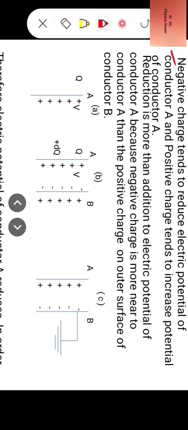Negative charge tends to reduce the electric potential of conductor A, and positive charge tends to increase the electric potential of conductor A. Reduction is more than addition to the electric potential of conductor A, because negative charge is nearer to conductor A than the positive charge on the outer surface of conductor B.